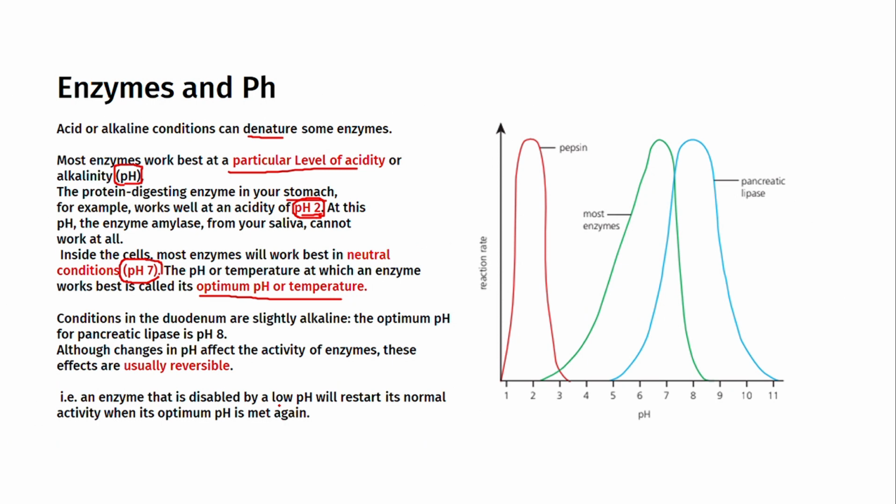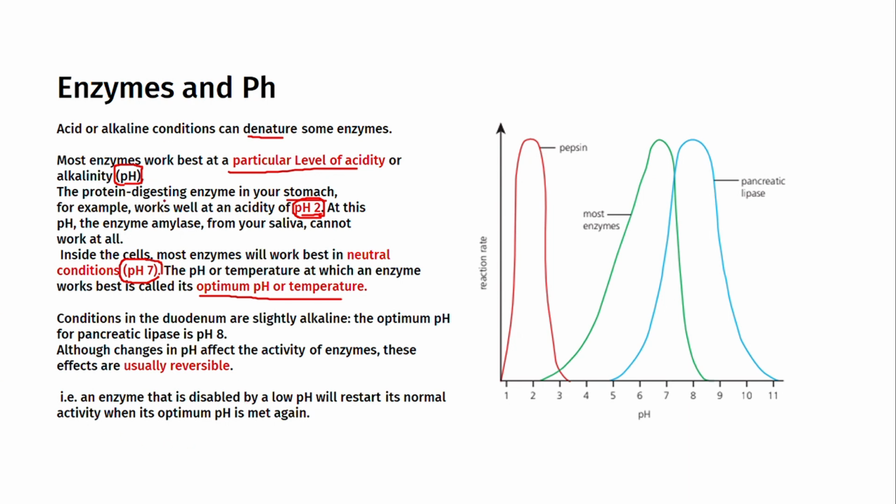Now going to enzymes and pH. Acidic or alkaline conditions can denature some enzymes. So most enzymes work at a particular level of acidity. Now the difference between enzymes with different pHs and different temperatures: in temperature, most enzymes would have an optimum temperature of 37, which is the body temperature, while pH would differ depending on the type of enzyme and the location of the enzyme.